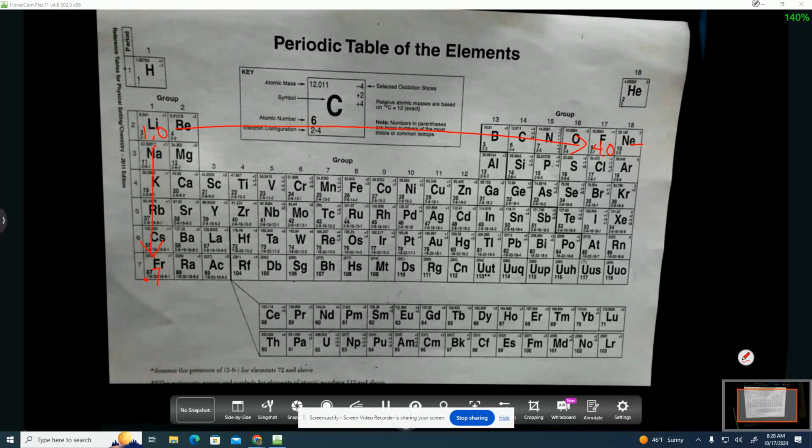Okay? Do we care what's happening in here? Nope. When you're looking at periodic trends, I want you to look at the first one and the last one. We're going to graph these, and you're going to graph all the ones in the middle, but is that going to matter? Heck to the no.